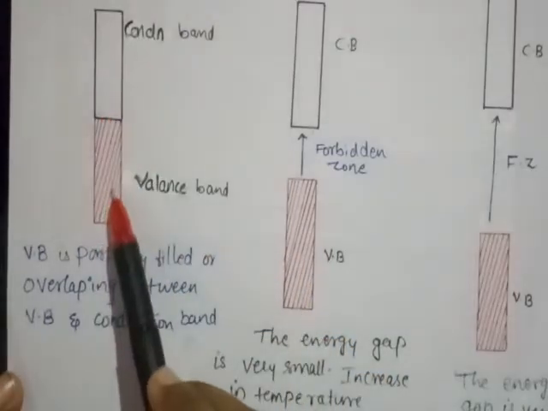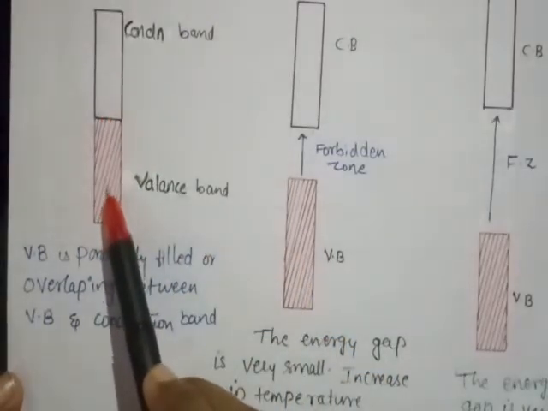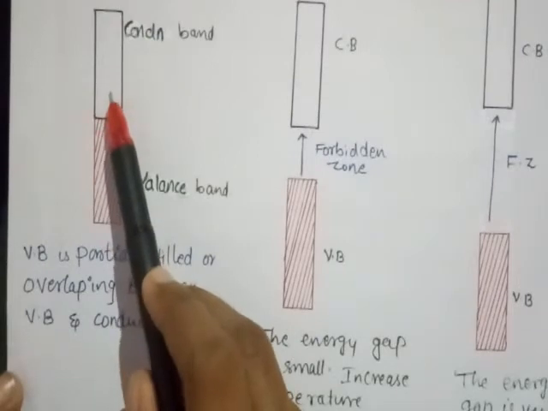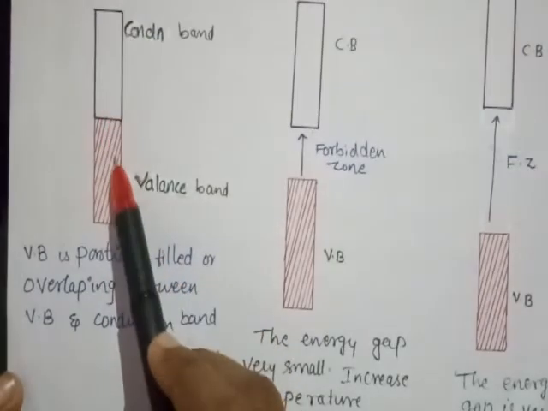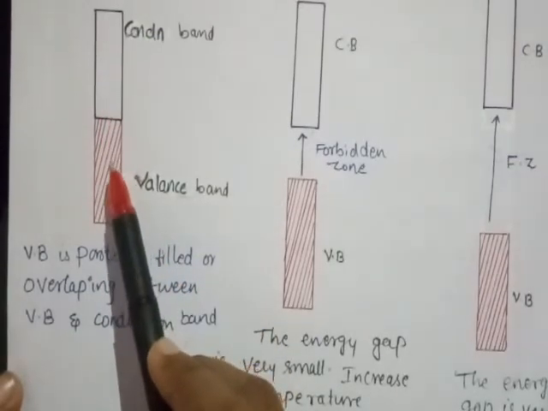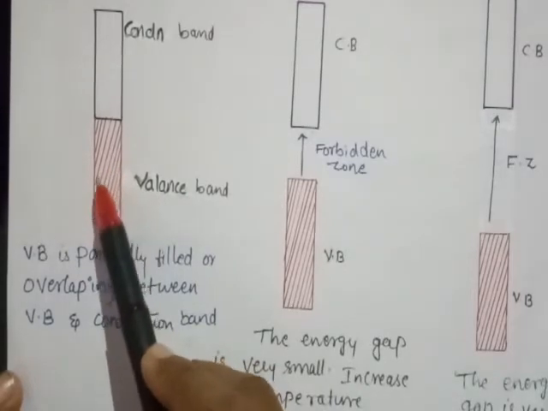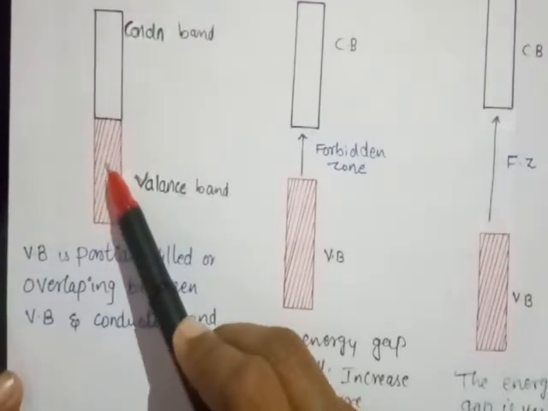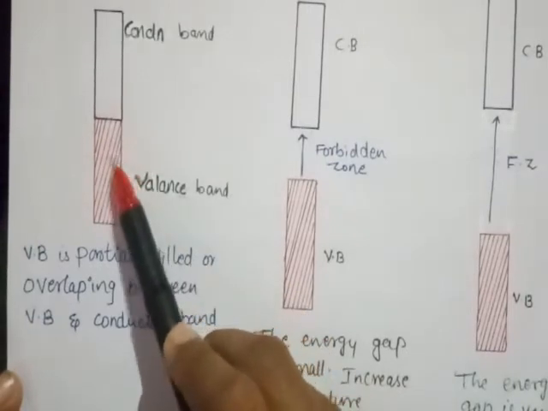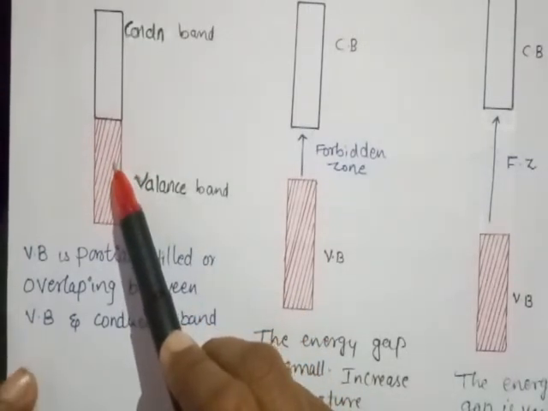So electrons present in the valence band can easily go to the conduction band. This movement is responsible for the conductivity. In conductors, this movement of electrons from the valence band to the conduction band is very easy. That's why metals are conductors. I hope you understand.